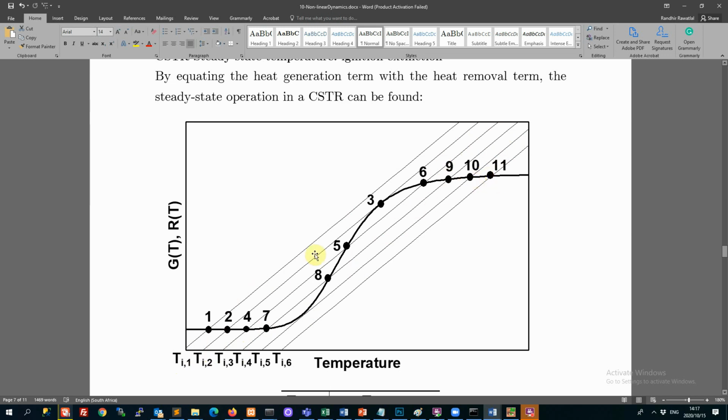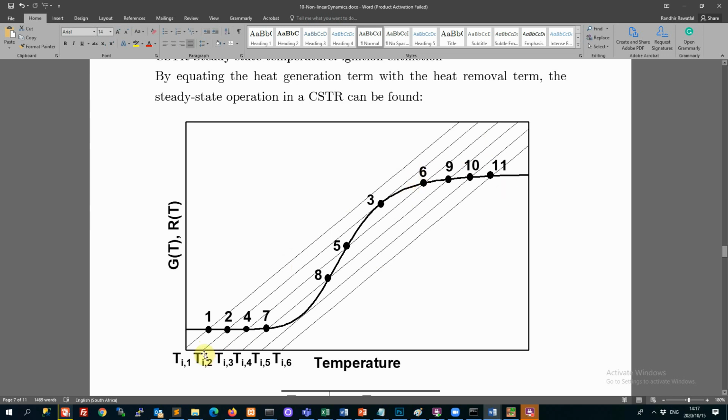And now let's say suddenly our inlet temperatures are actually over here. So our inlet values are all here. For all inlet values more than Ti2, you can see these steady states are stable.